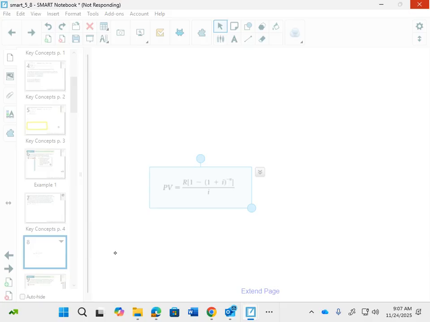I shouldn't have taken a picture of the formula. Now the program is crashing. You can highlight it. That's what I was going to do next. I'm going to highlight that formula.